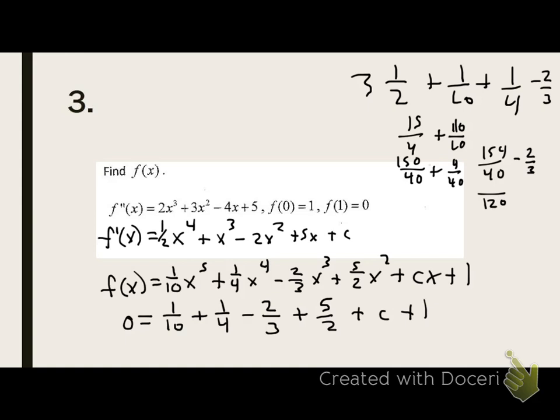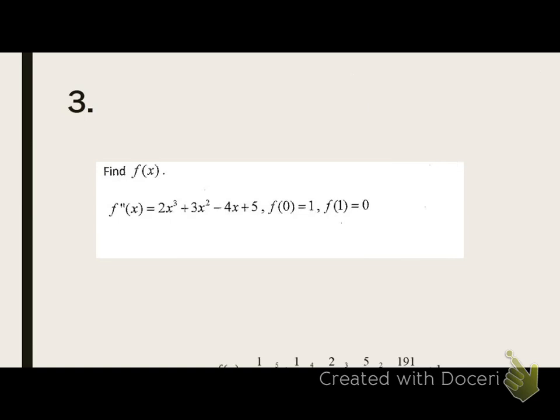Ah, crap, 154 times 3, 300. And 8 plus 54. I'm done. I got 109 minus 191 over 60. There's what c is. I can explain how I got the d thing. When I took the antiderivative of c, that becomes cx plus another new constant, and I called it d.